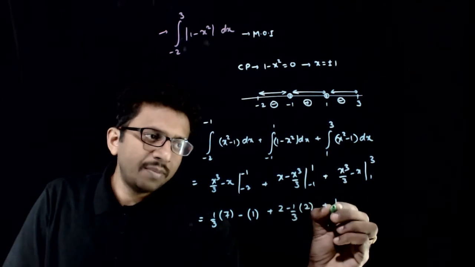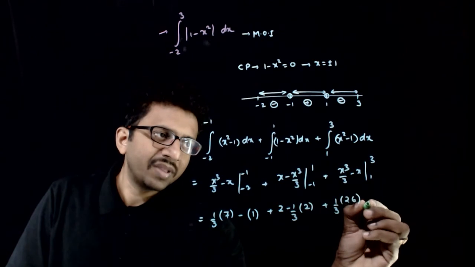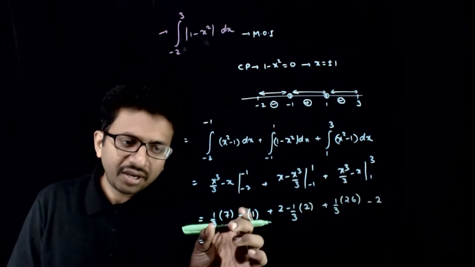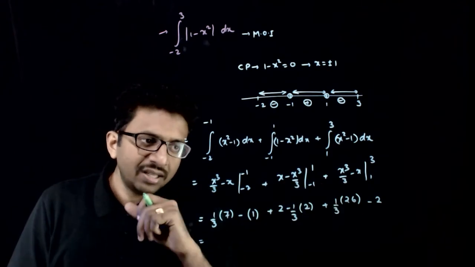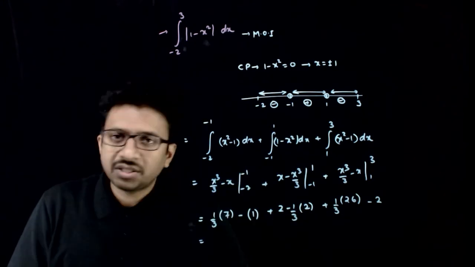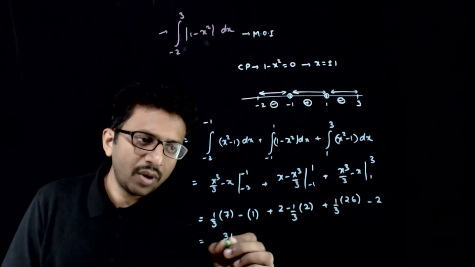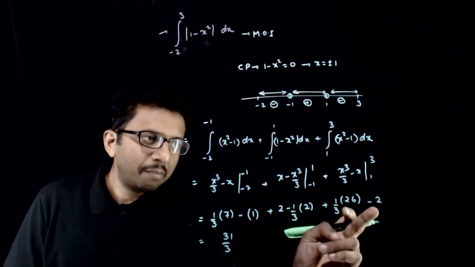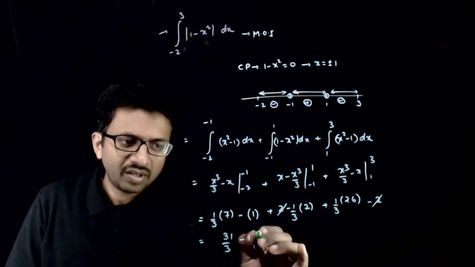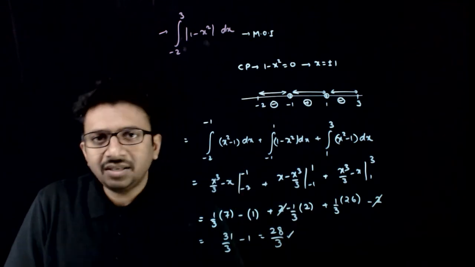Plus 1 by 3 times 3 cubed, 27 minus 1 is 26, minus of 2. So effectively you have 7 by 3 plus 26 by 3, 7 plus 26 minus 2, the 2 minus 2 gets cancelled. Minus 1. So 31 minus 3, 28 by 3 is the required area.